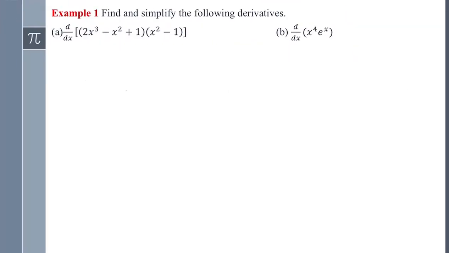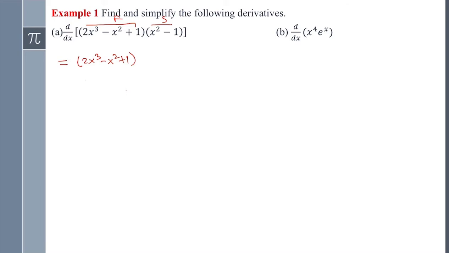So let's look at this example here. This is the first function and this is the second function. Now the derivative of that product is, we'll just copy the first function as it is. Again, it does not matter if you switch the order.